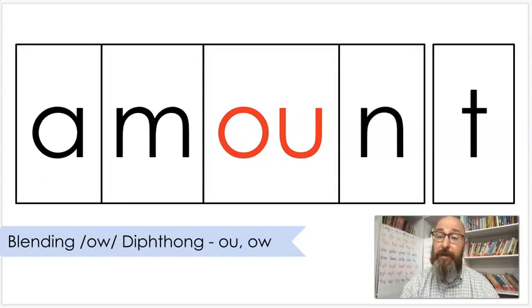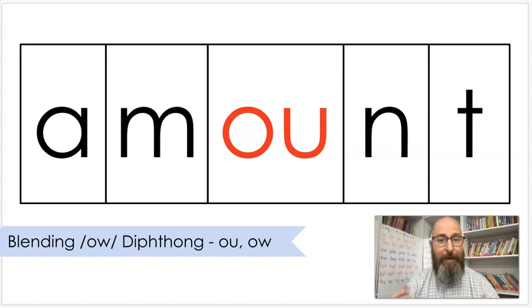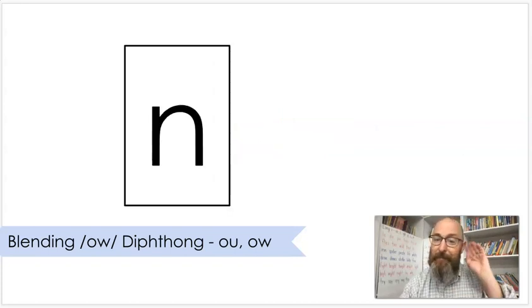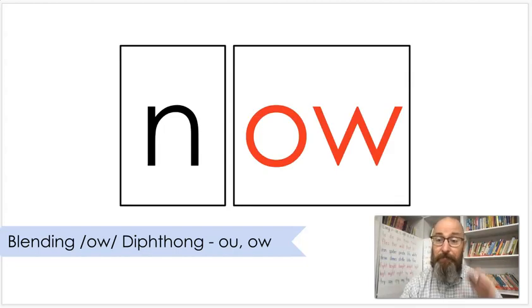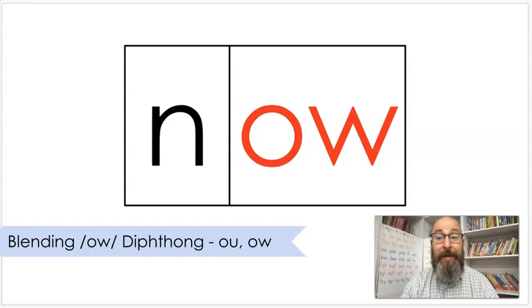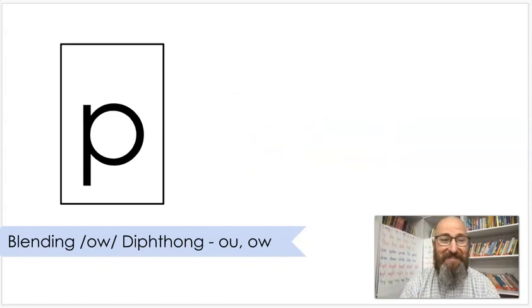Amount. Amount. If you have an amount of something, you have a certain number of it. Sound. Sound. Ow. Put that together. Now. If something is happening now, it's happening right now.